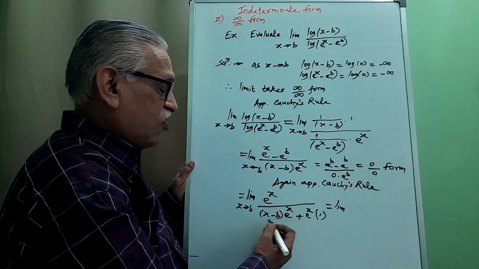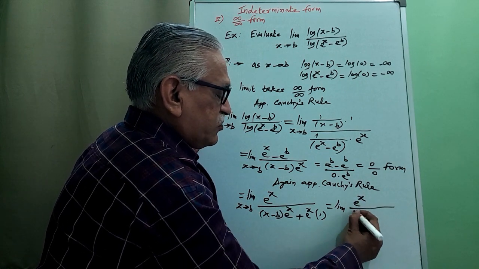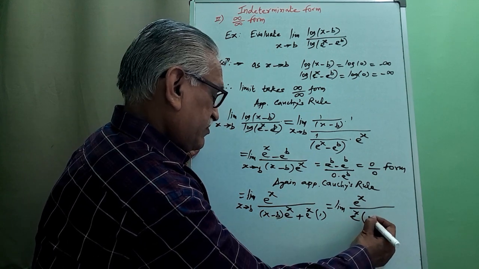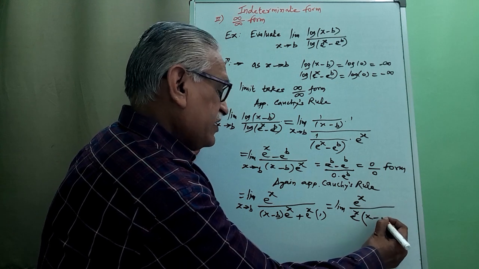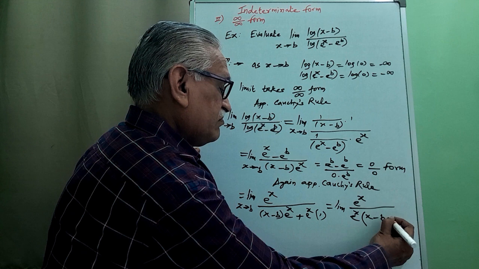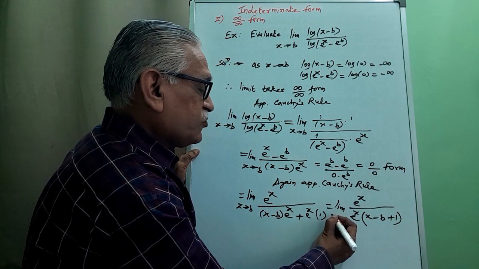We can take e raised to x common, therefore it is e raised to x divided by e raised to x multiplied by the remaining terms, (x minus b) and here remains 1, as x tends to b.